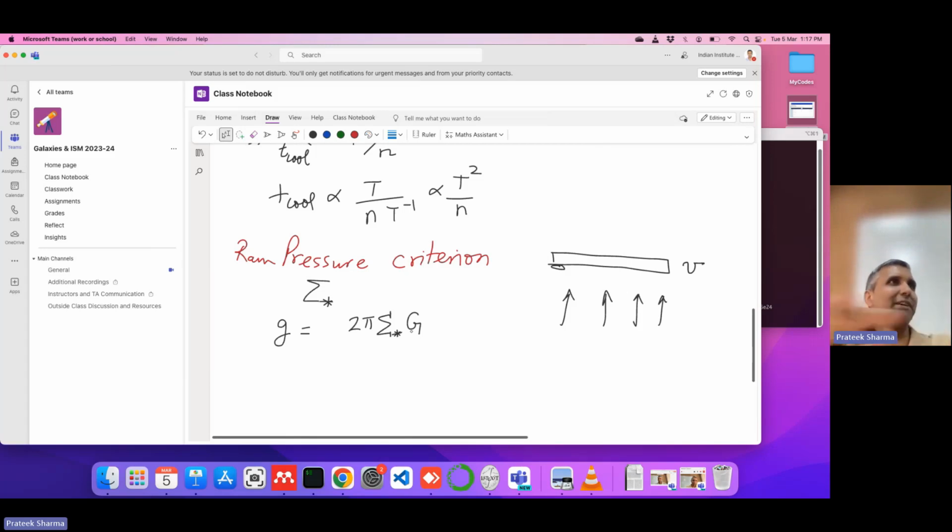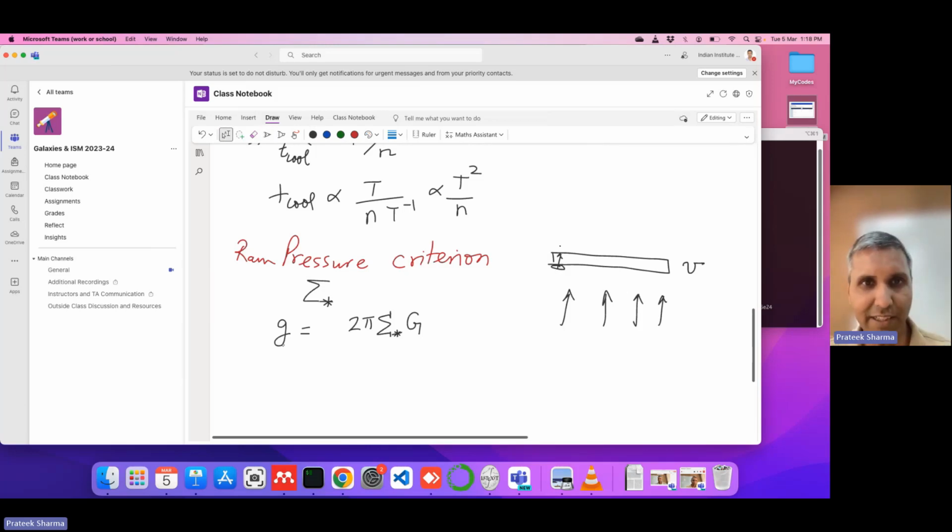Just like a capacitor, if you have a big charged metal plate, the electric field near it is constant. It's just sigma by 2 epsilon naught. So it's the equivalent answer for a massive disk. This is the gravity that's holding this gas.